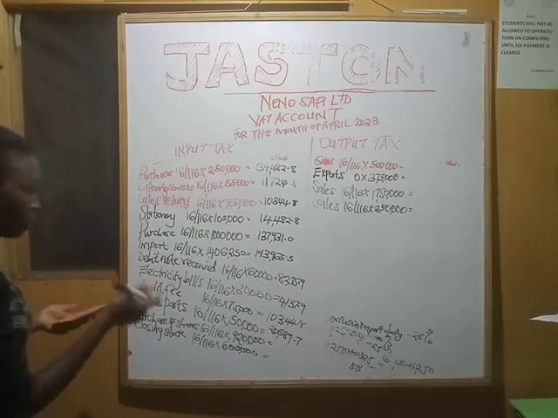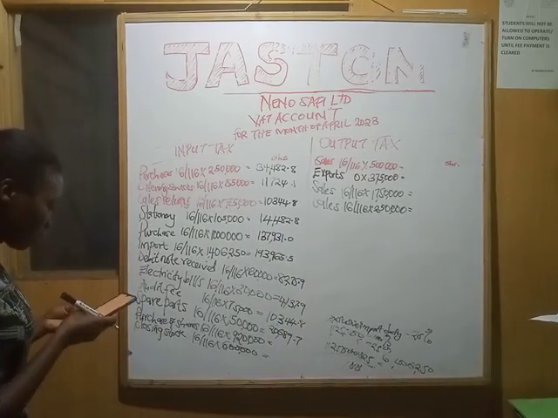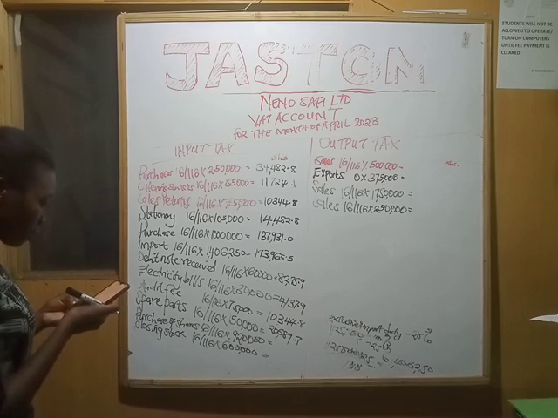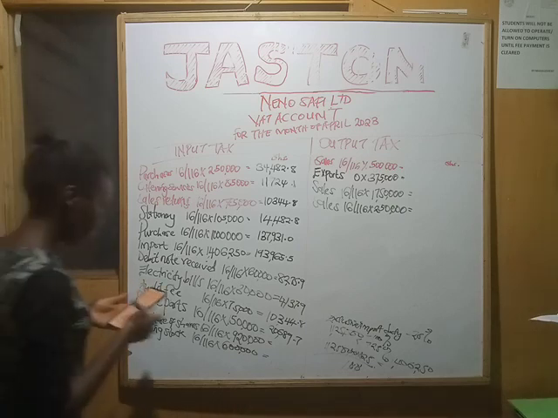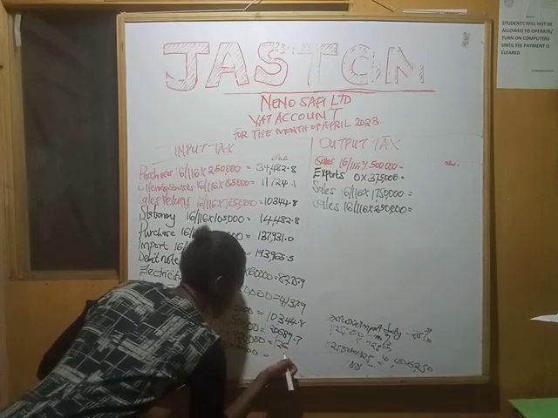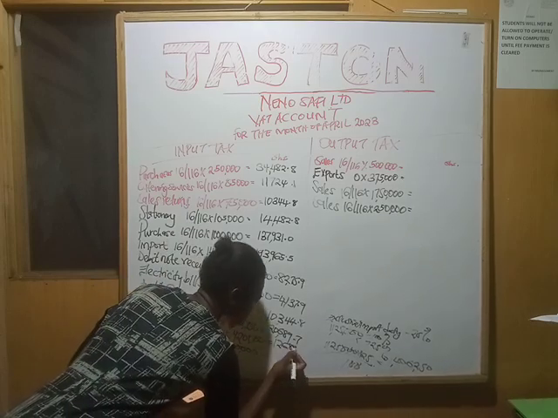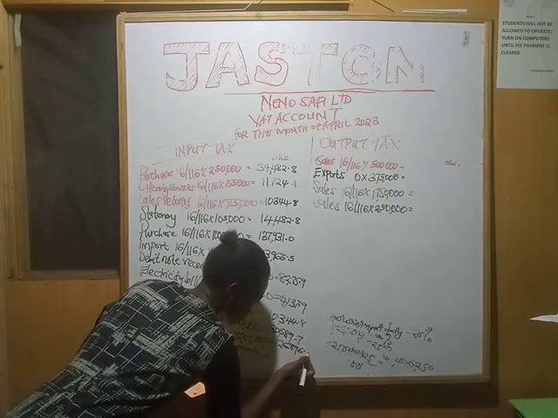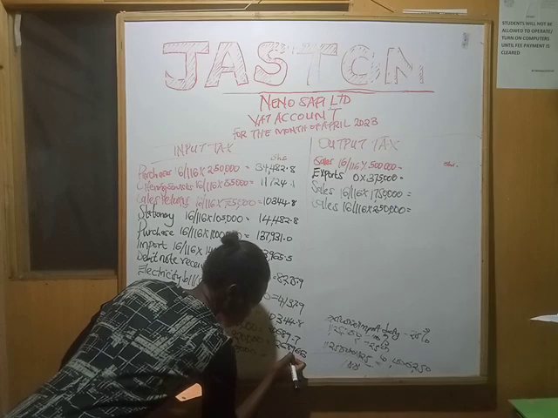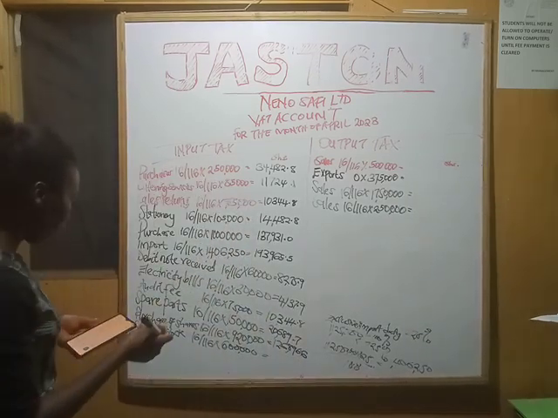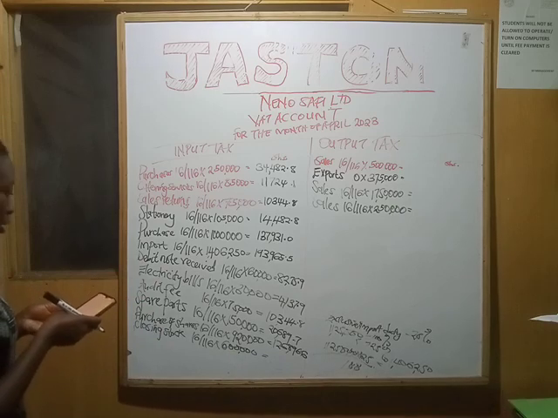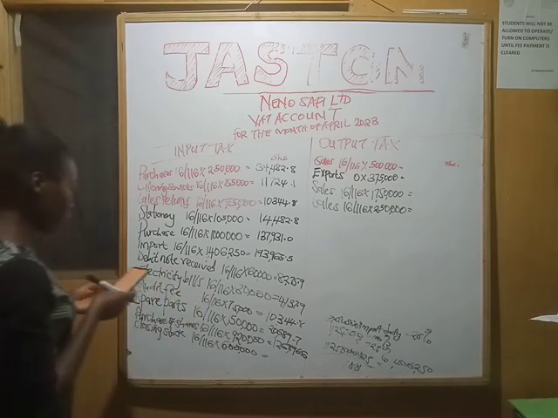Continue. We have the purchase of shares. 16 divided by 116 multiplied by 920,000. We have 126,896.6. We head on to the next one, the closing stock.